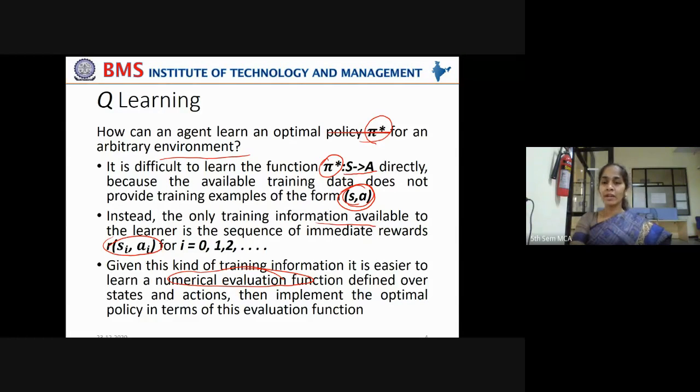So given this training information in terms of rewards, it is easier to learn a numerical evaluation function defined over states and actions, then implement the optimal policy in terms of this evaluation function. How can the optimal policy be implemented? Only by taking reward-giving actions, and avoiding penalizing actions.